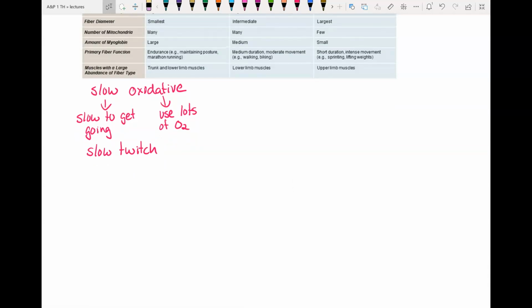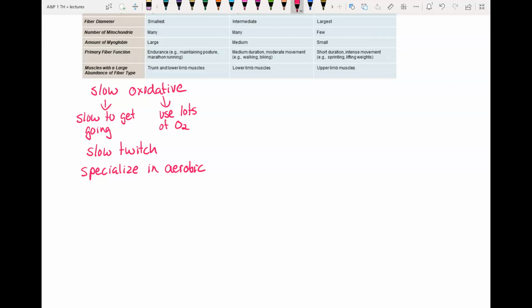These fibers specialize in aerobic. So most of their ATP comes from aerobic cellular respiration. So think about the physical features they would need in order to specialize in aerobic respiration.